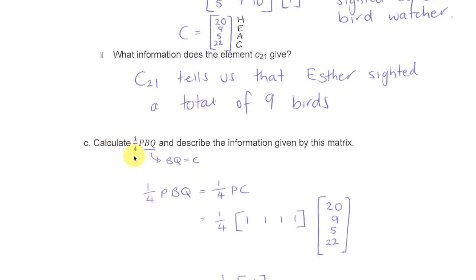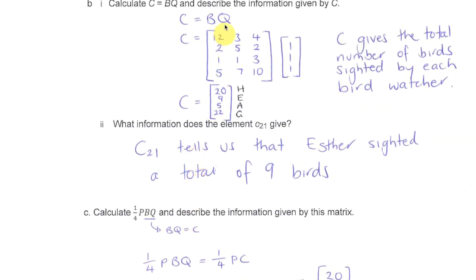Part C: calculate a quarter of PBQ. Now we recognise that BQ is in fact column C, so we did that earlier. That column C gives us the total number of sightings each person has made.